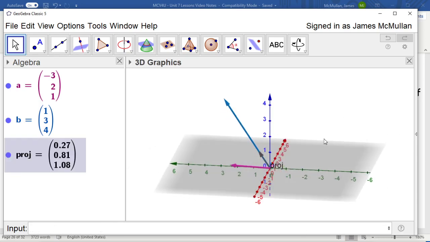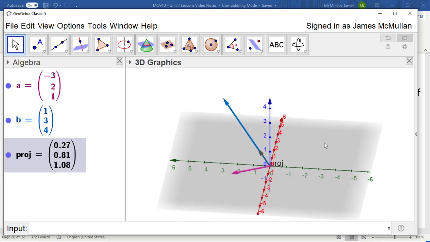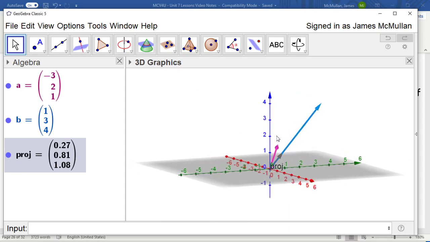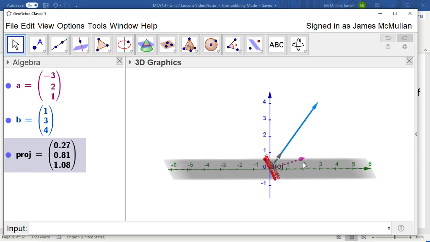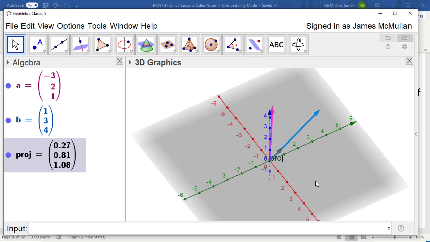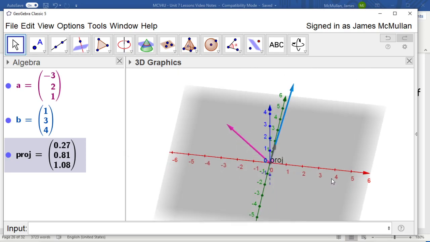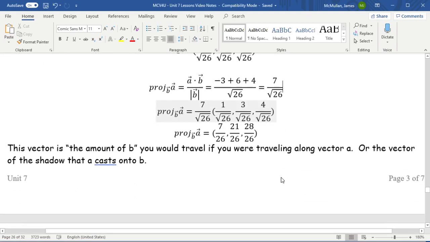Now look at that projection. Okay? It's perfectly in the direction of B, and it's the exact shadow, right? If you sort of get A directly behind it, it's the exact shadow that A would cast in the direction of B. Okay? So again, the concept is still the same as it is in 2 dimensions. How far along the blue vector would you move if you moved along the pink vector? Okay? And our answer is right here.